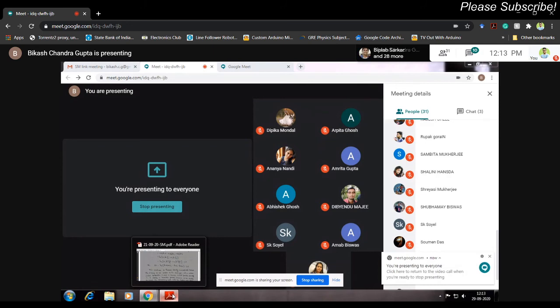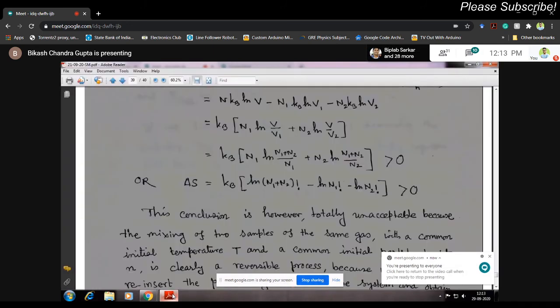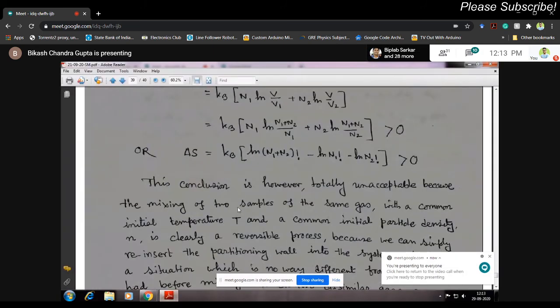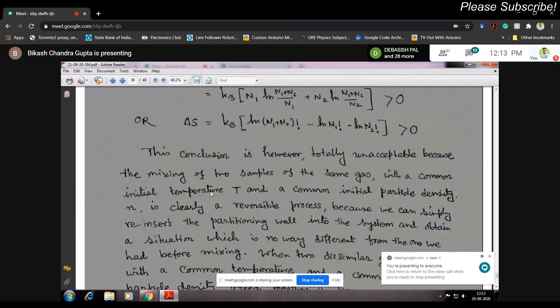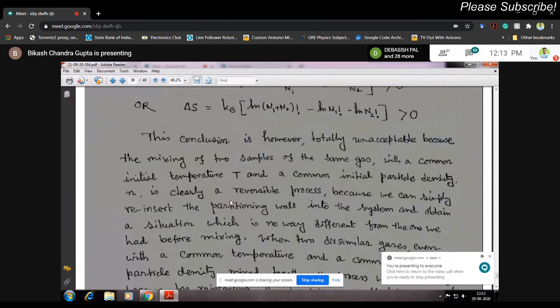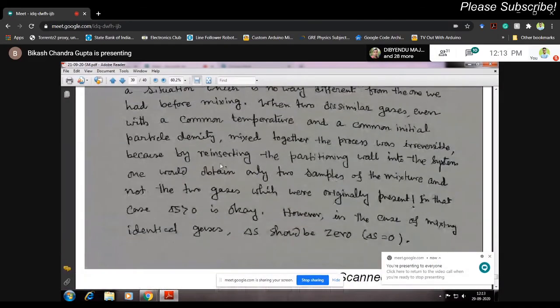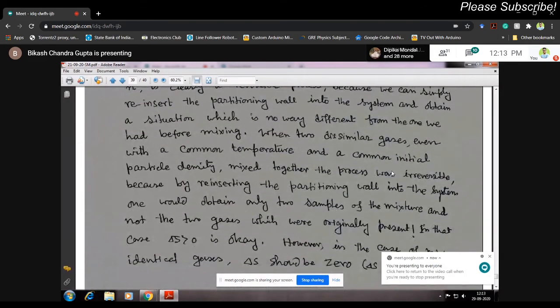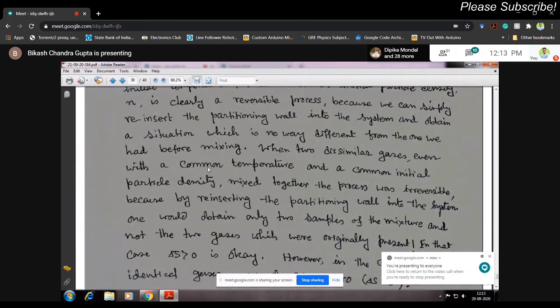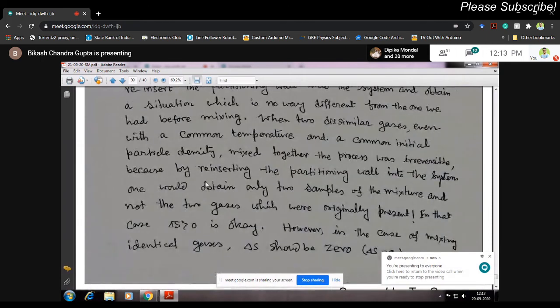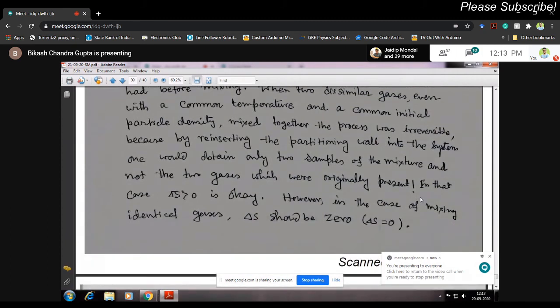ঠিক আছে. Now let us come back to this one. Now we have already gone through this, right? Different from gases, even with a common temperature and all these things. Just reinstating partition. That is what we talked about earlier.